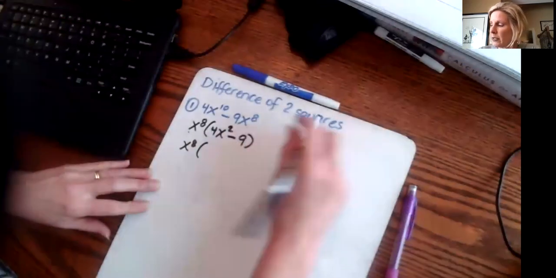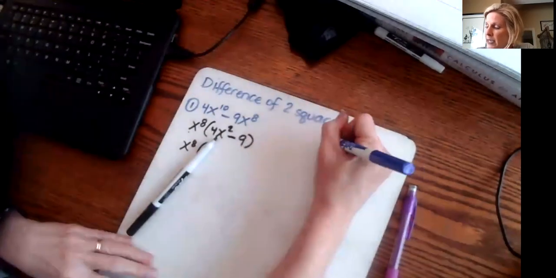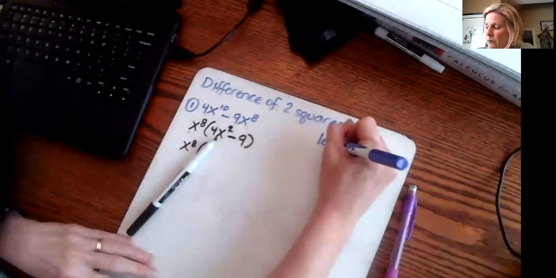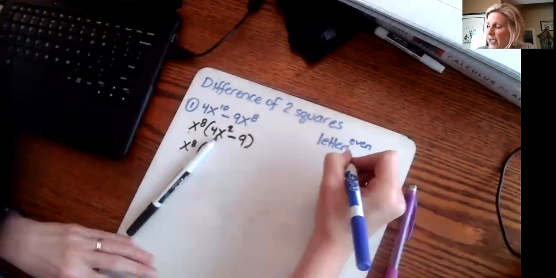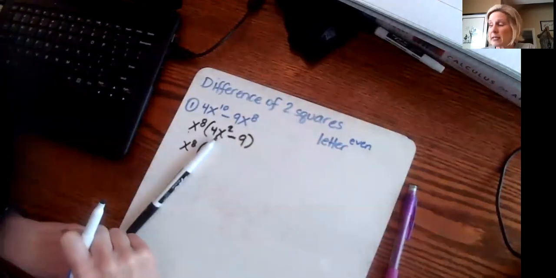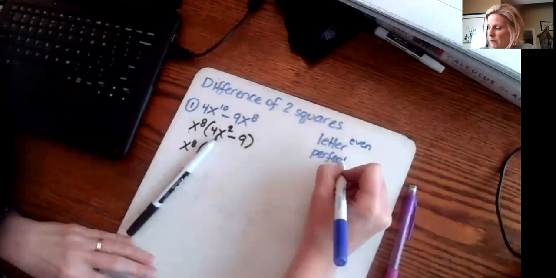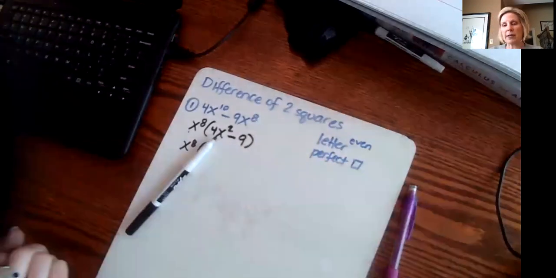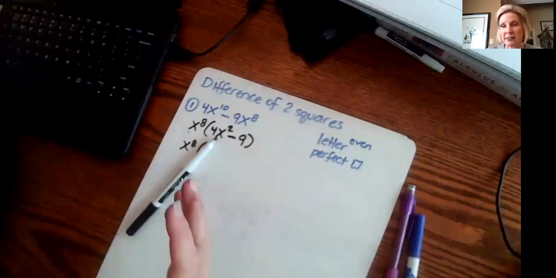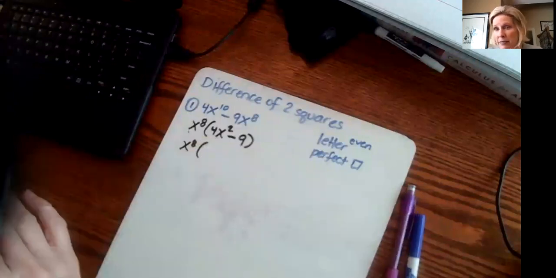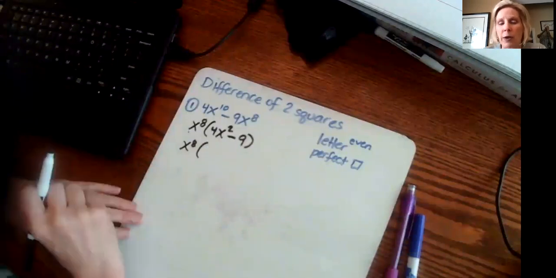Remember, the rule is that anytime you have a letter to an even exponent, then it is a perfect square. All right, so if it was x squared, x to the 4th, x to the 6th, x to the 8th, x to the 18th, x to the 26th, any of those would be perfect squares.